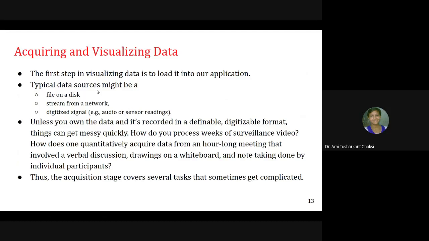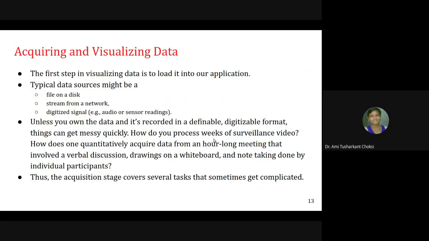Typical data sources can be a file on disk, a stream from a network, or a digitized signal, right? That is, you can say audio or sensor readings. If we consider a stream, say video is coming. Unless you own the data and it is recorded in a definable, digitizable format, things can get messy quickly.